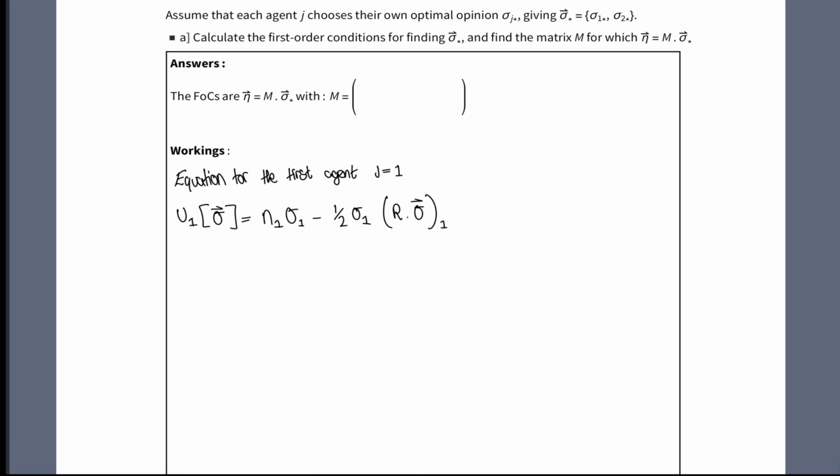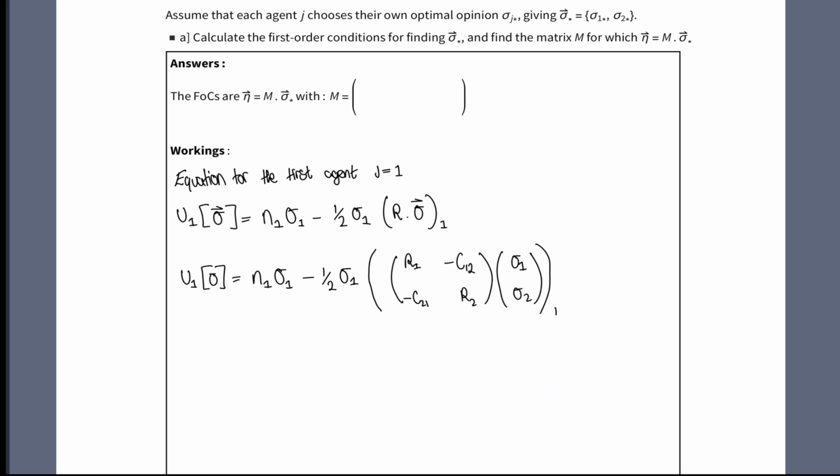If we now begin by expanding and rewriting R multiplied by the vector sigma, we get the matrix R1, minus C12, minus C21, R2, multiplied by sigma 1, sigma 2, and then the subscript 1.